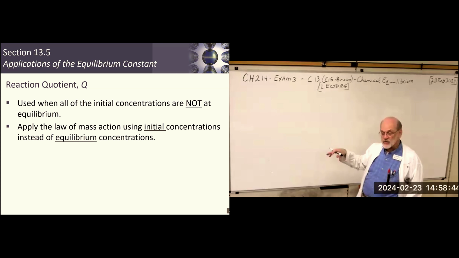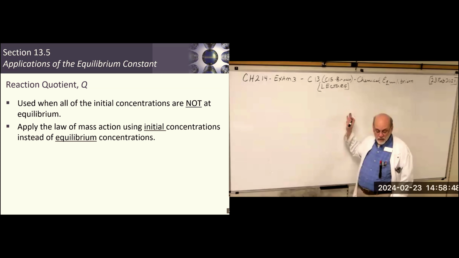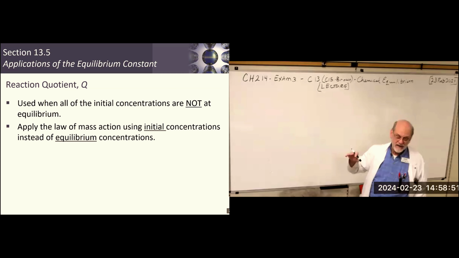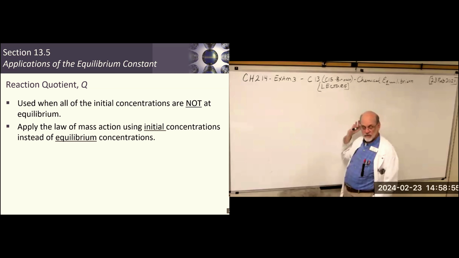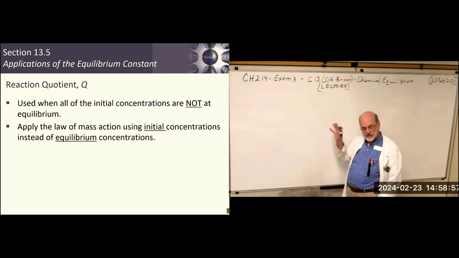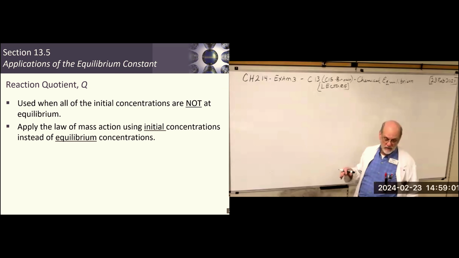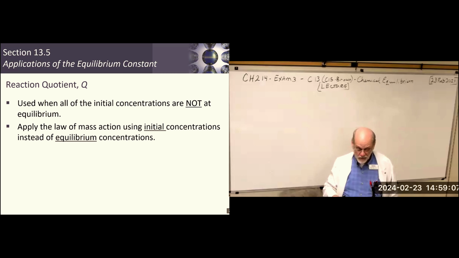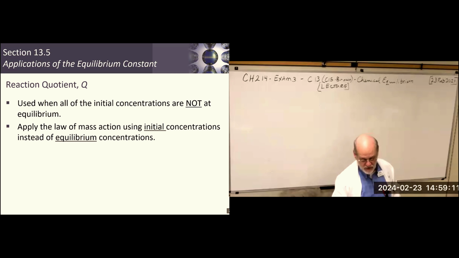If it's at equilibrium and you change the concentration, you can predict which way it's going to move. But if it's not at equilibrium, you need an idea of whether the reaction is going to move to the left or to the right with the way you set it up. And that calculation is called Q. Rather than a K, we calculate a Q. And like I said before, it's not at equilibrium, but you are given concentrations and you calculate a Q.